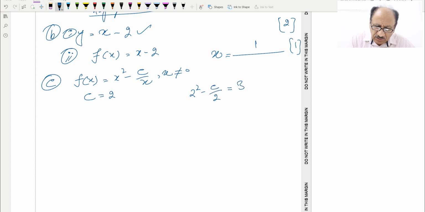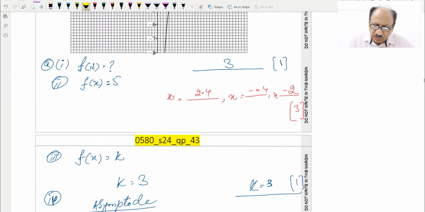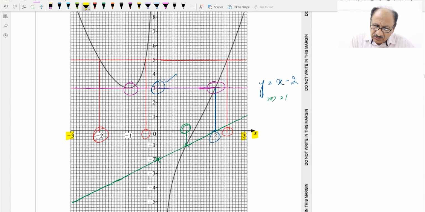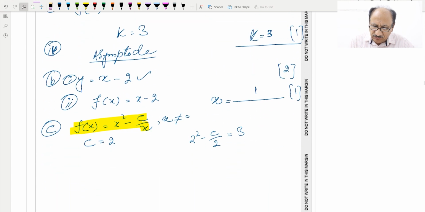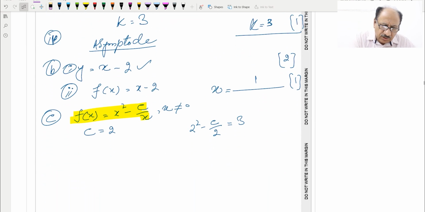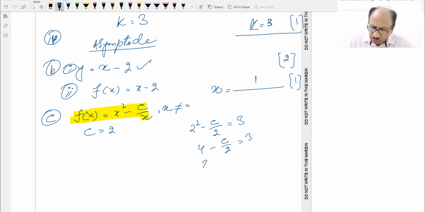What we are doing is replacing the point 2 and 3 in this given equation, and we are trying to find the c value. So this will be 4 minus c by 2 is equal to 3. Multiply everything by 2, so it will be 8 minus c is equal to 6.